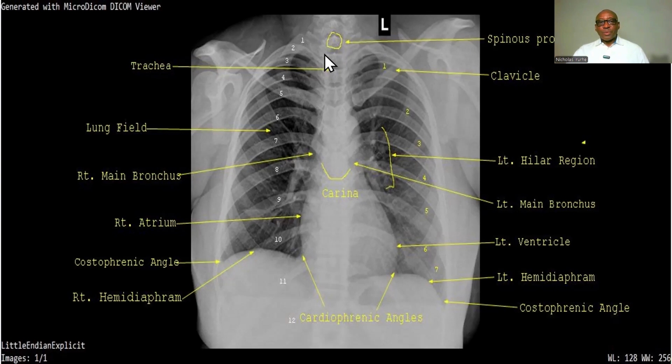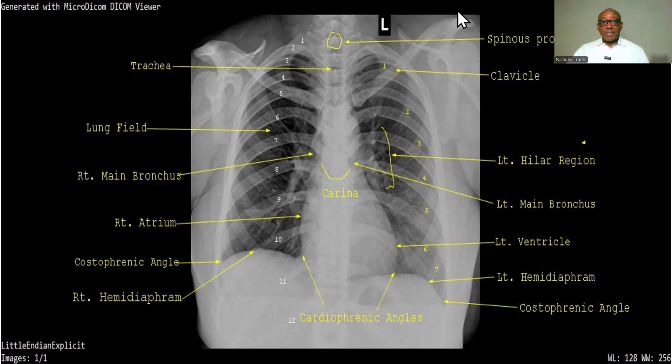Furthermore, we'll now count the ribs. We are talking about 12 ribs that are paired, and you have both anterior and posterior ribs. On the chest radiograph, sometimes we can count them, they are visible, and sometimes all of them are not visible.